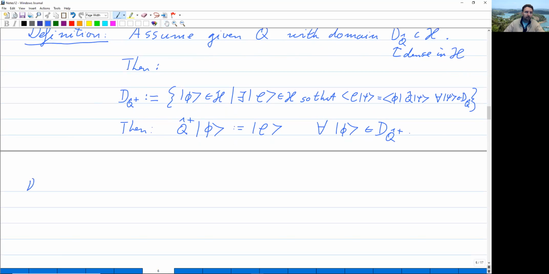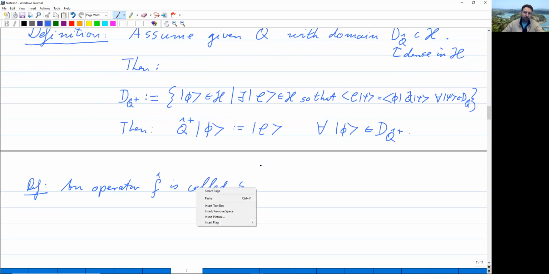Now, definition: an operator f hat is called self-adjoint if two conditions are met.